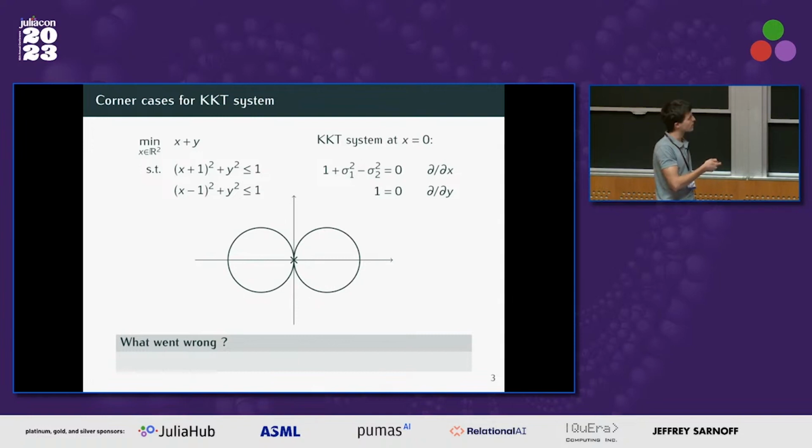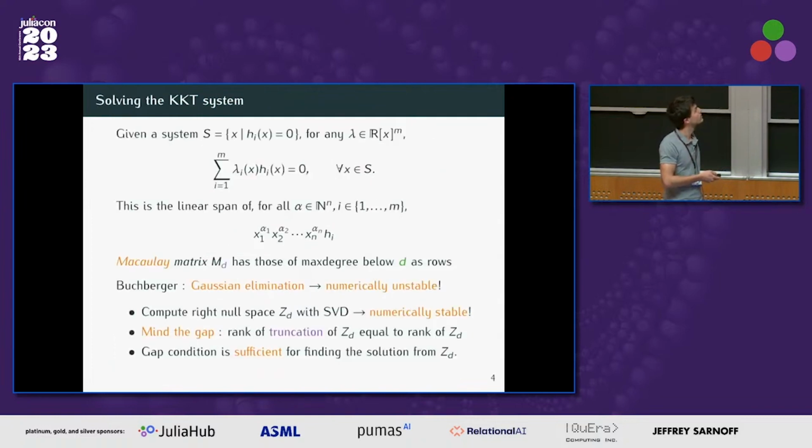The reason is that at this point, which is actually the only feasible point, the rank of the Jacobian is only 1, because the normal vectors to both these sets are parallel. And here the gradient is going to be a vector like that, so this vector is not a multiple of these things. But if you're sure that you're not falling into these traps, then you know that the optimal solution would be a solution of the KKT.